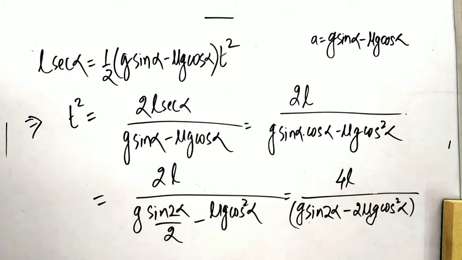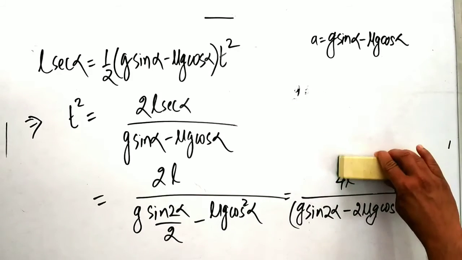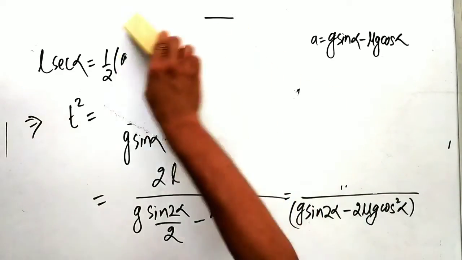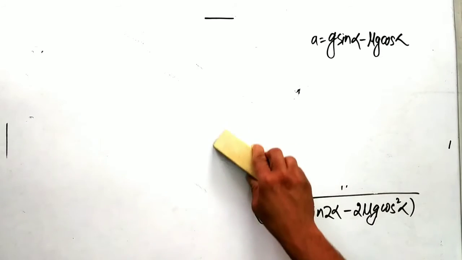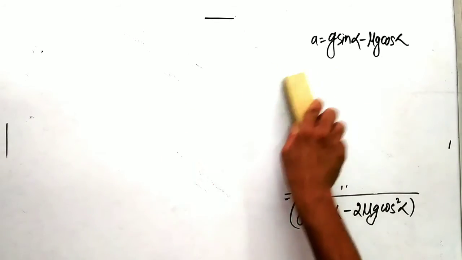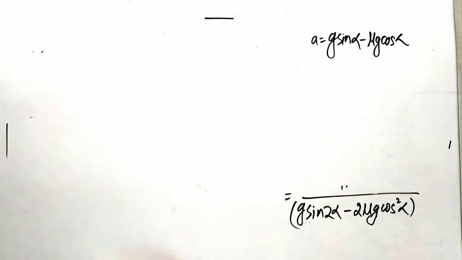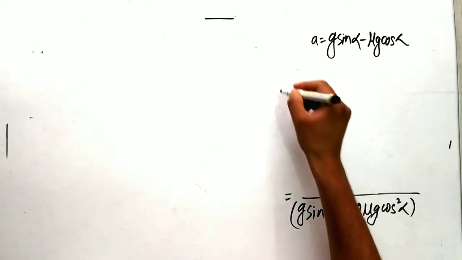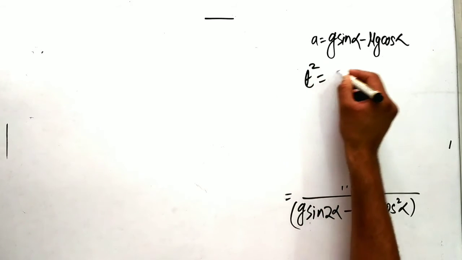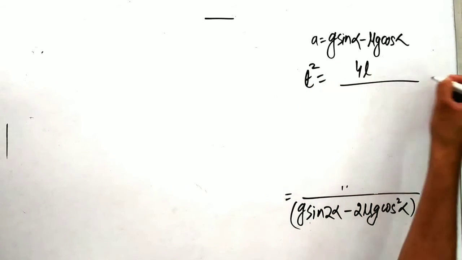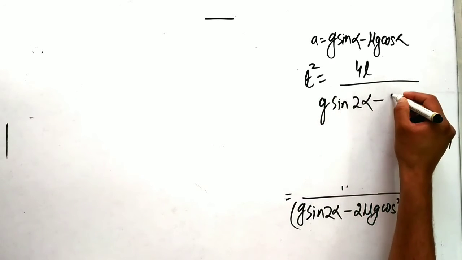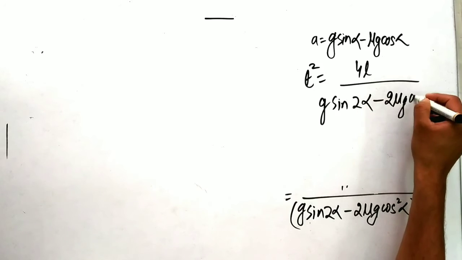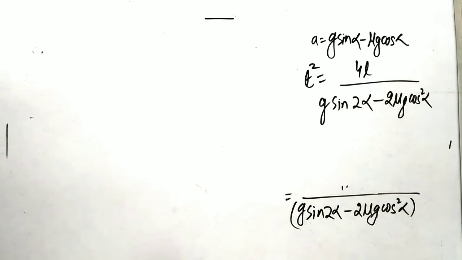T square equals 4L divided by g sine of 2 alpha minus 2 mu g cos square alpha.